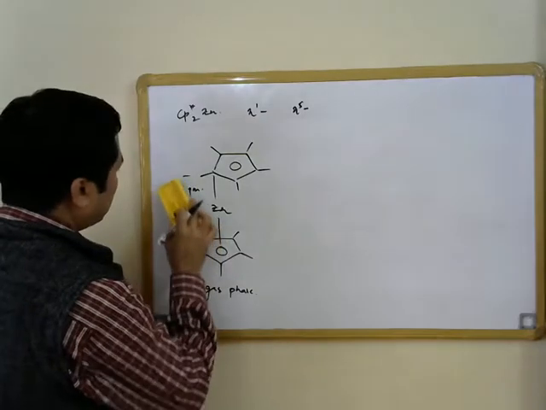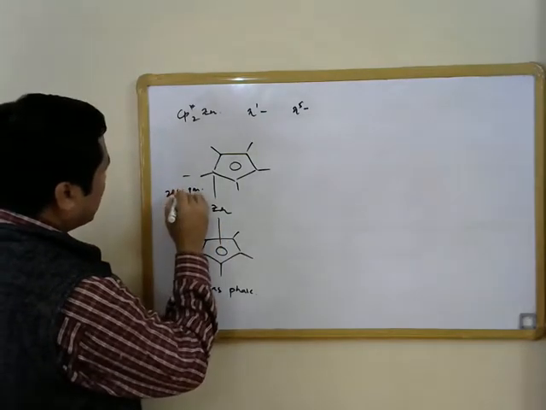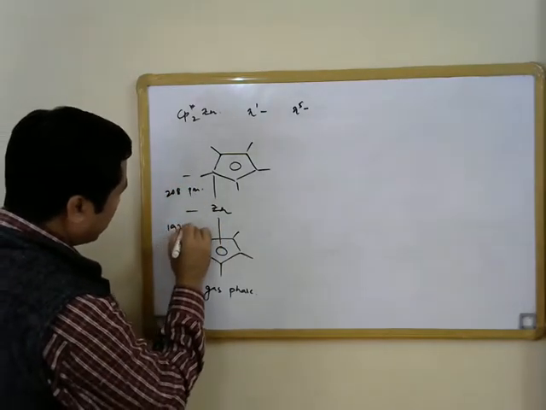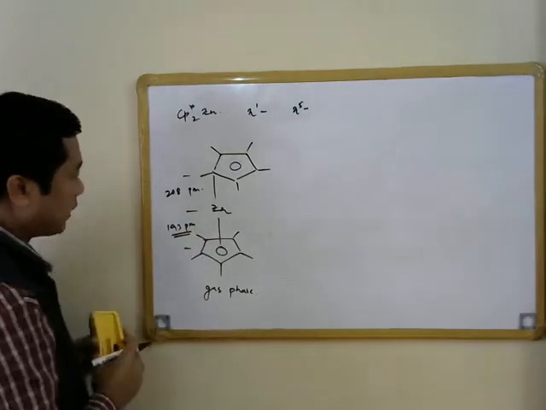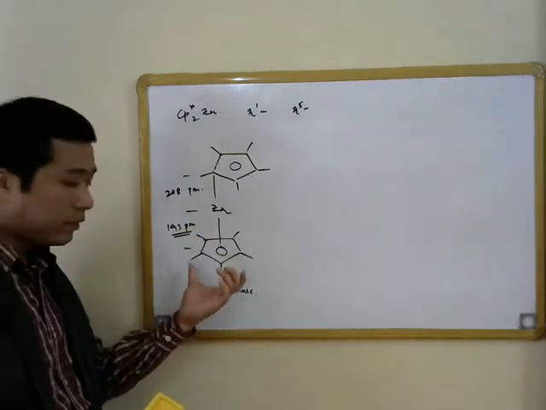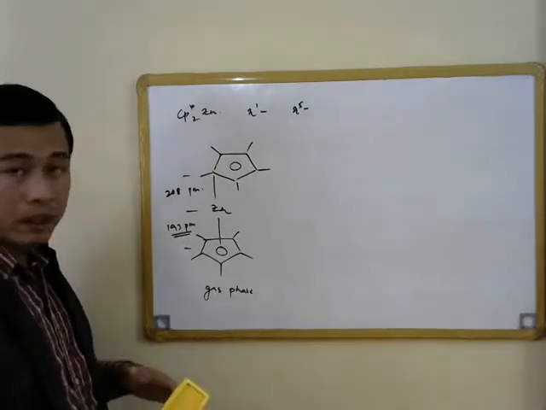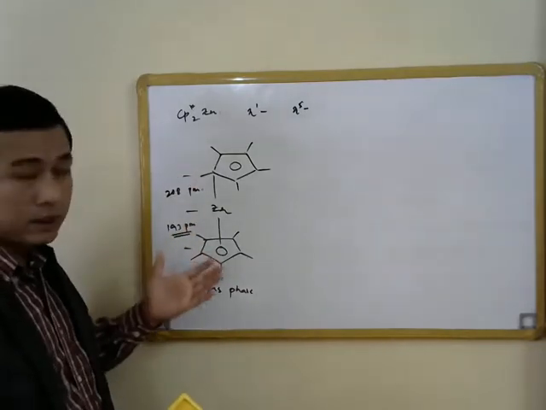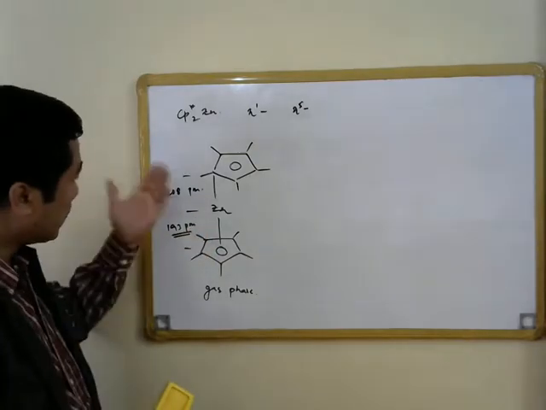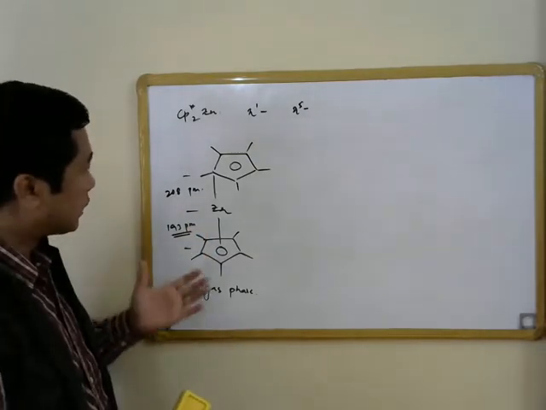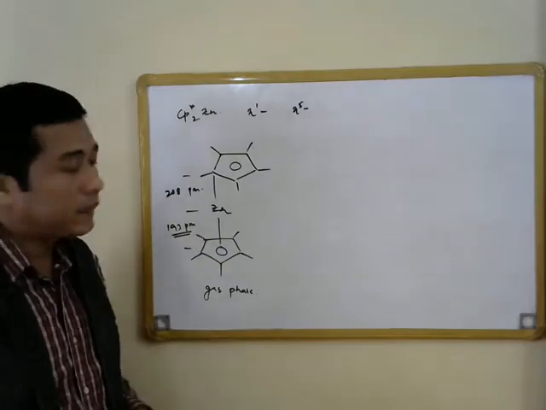This is 208 picometer, while this is 193 picometer. The ligand with eta 5 coordination mode has a shorter distance to the metal center, while the Cp ligand with eta 1 coordination mode has a longer distance from the metal to the basal plane of the Cp ligand.